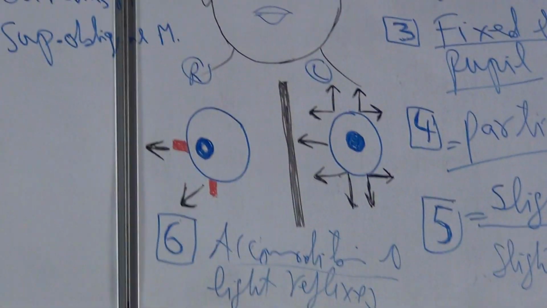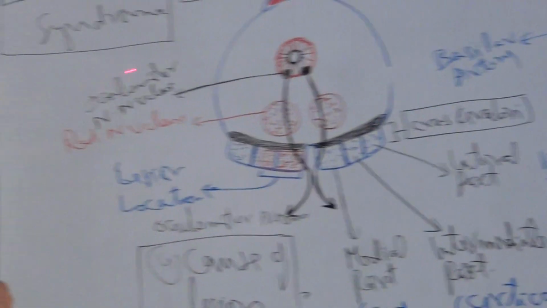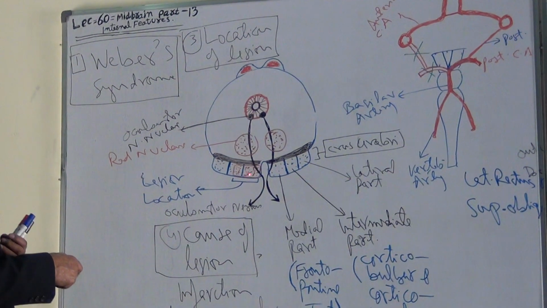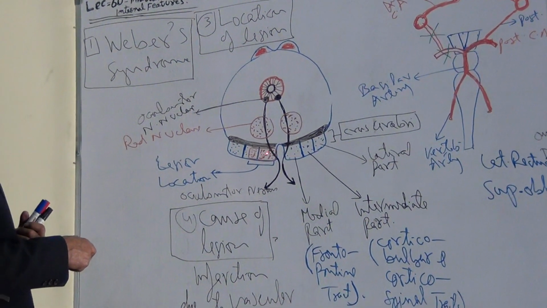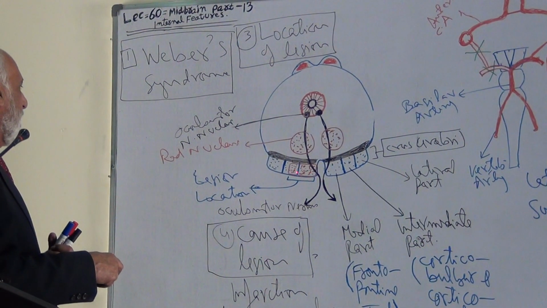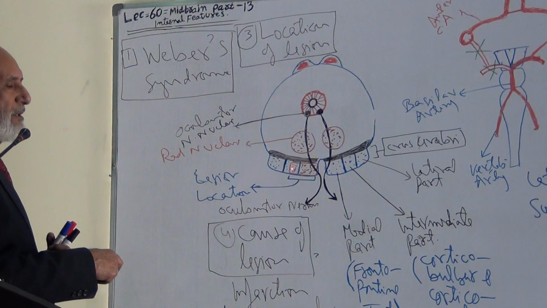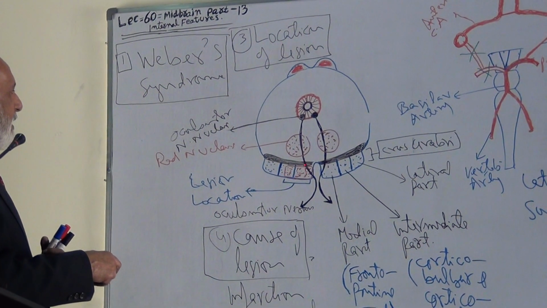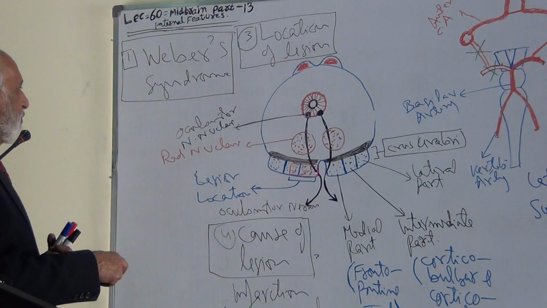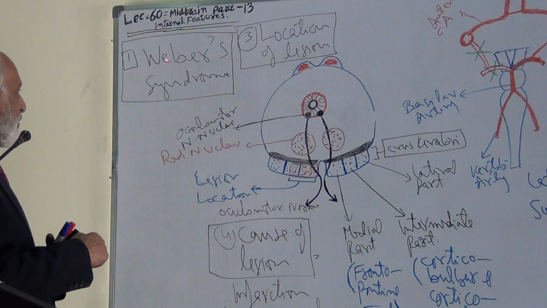So this was the lesion of the midbrain involving the medial part of the crus cerebri and adjoining part of the intermediate portion of the crus cerebri, and involvement of the oculomotor nerve which traverses through this, resulting in Weber syndrome.